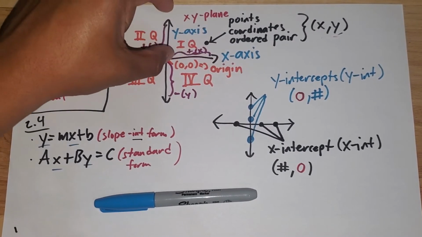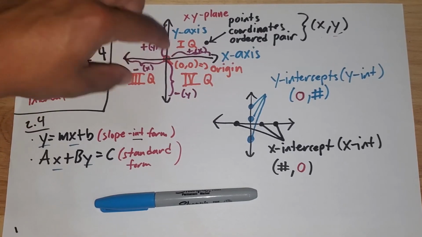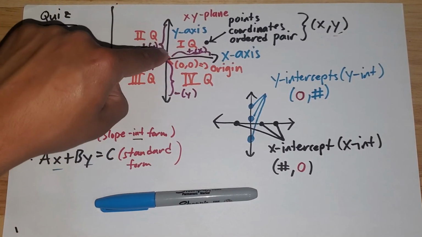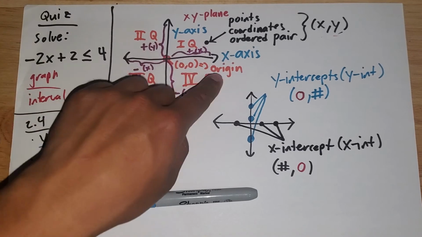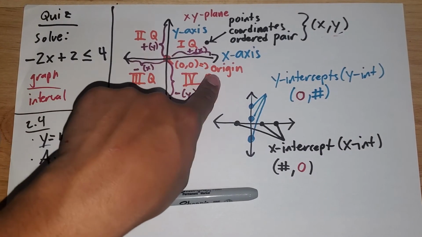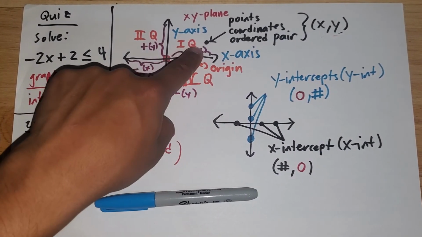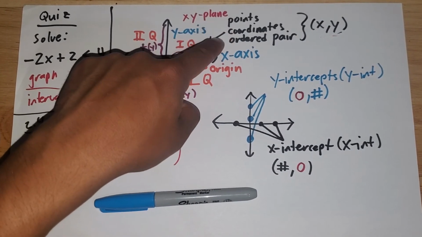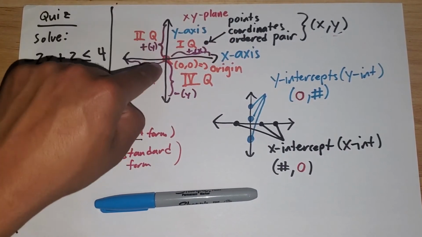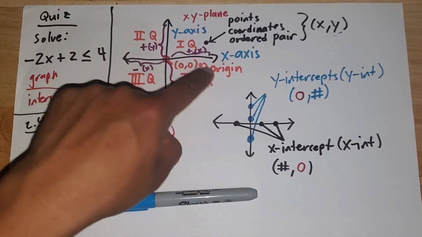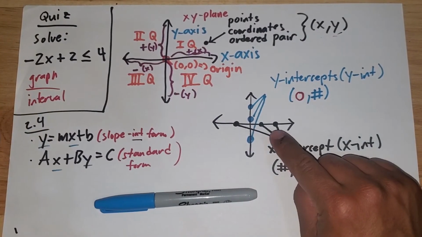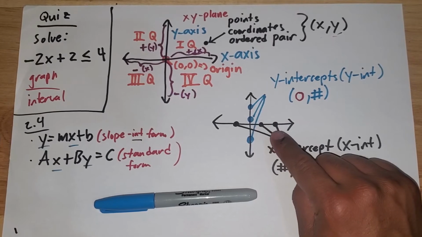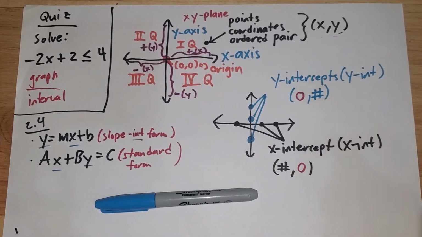Positive x's, positive y's, negative x's, negative y's. Where they meet, it's 0, 0. So that's the origin. And all these points are called coordinates, ordered pairs, points. This has a little more specific name, which is the origin. So these points as well have a more specific name, and they're known as x and y intercepts.